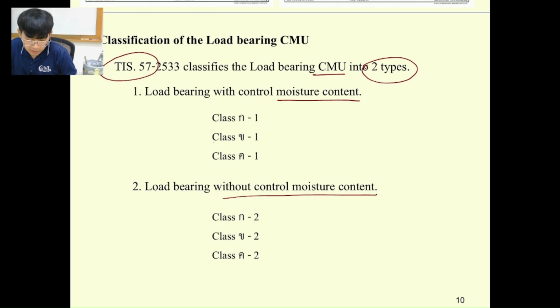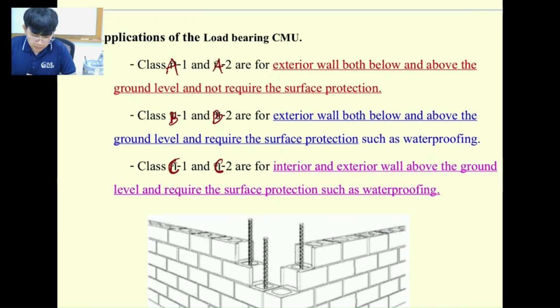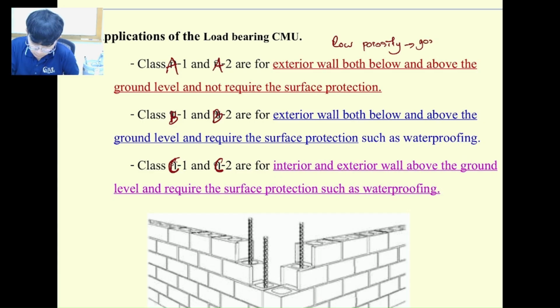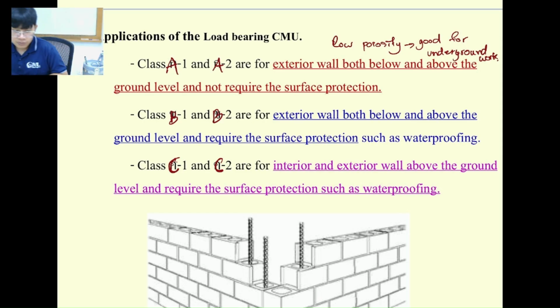Okay, moisture content. This one is A, B, C. So class A is going to be the good one with low porosity, which means it's going to be a good material for underground work, because the water is not going to get through class A of the CMU.